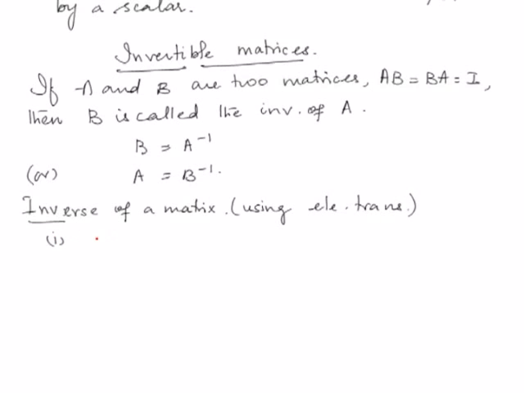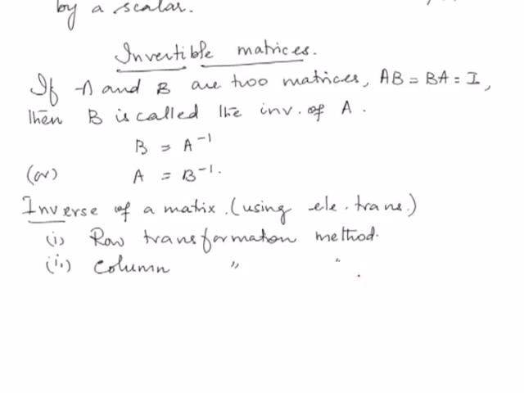First one by the row transformation method. So, you will apply only the row elementary operations. Second one by the column transformation method. So, it is understood. We proceed only with the column transformations.